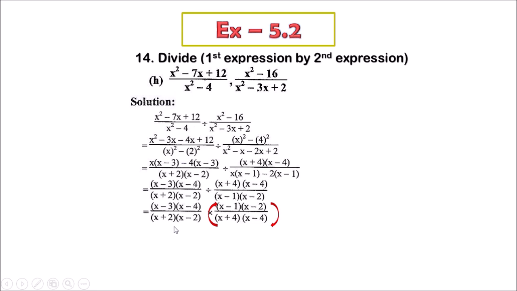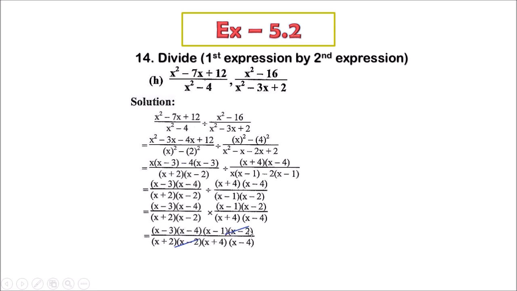Now the multiplication, as we did in the previous one, in the same way we write all the numerators together: x minus 3, x minus 4, x minus 1, x minus 2. Similarly, all the denominators together: x plus 2, x minus 2, x plus 4, x minus 4. Now you can see some common parts in the numerator and denominator.